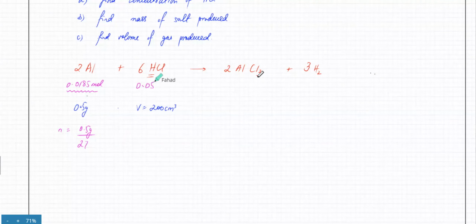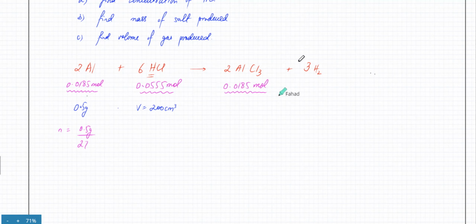That part is easy because it's the same ratio, 2:2. So the moles of this is going to be the moles of this substance. So it's going to be 0.0185 moles.